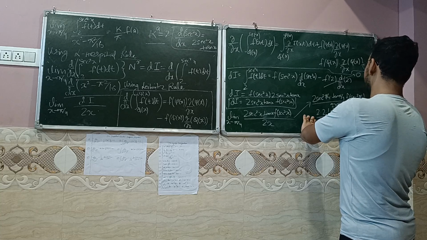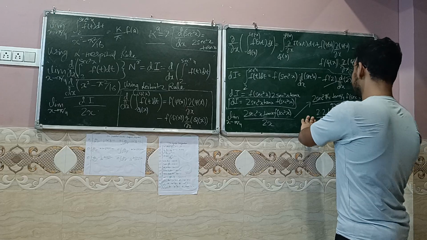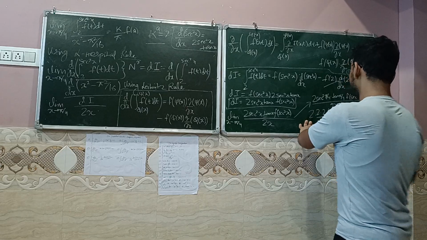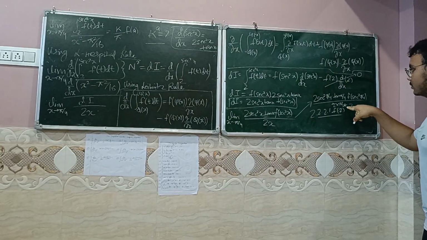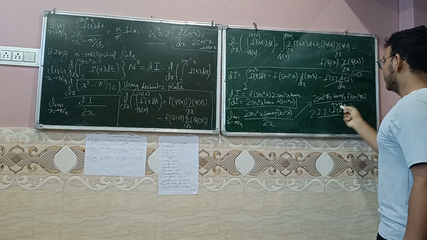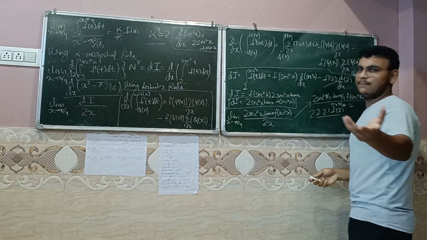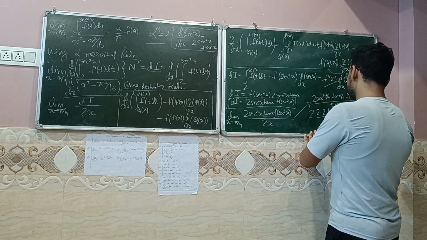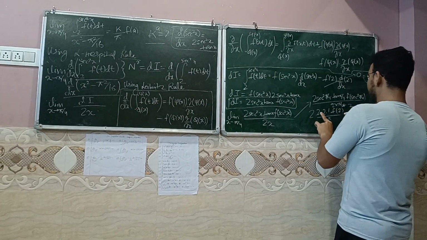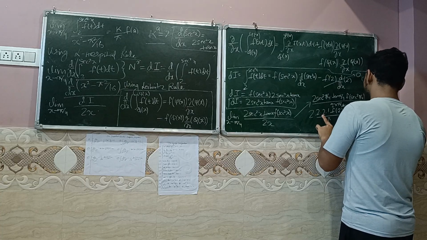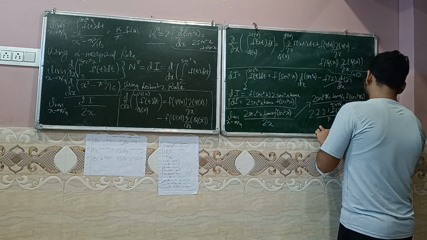So 2 times 2, and the 2 will just move upward, right? I hope you understand that this is pi over 2 in the denominator, so I moved that 2 to the numerator. That's simple mathematics. So in the numerator we have 8 times f of 2 over pi.